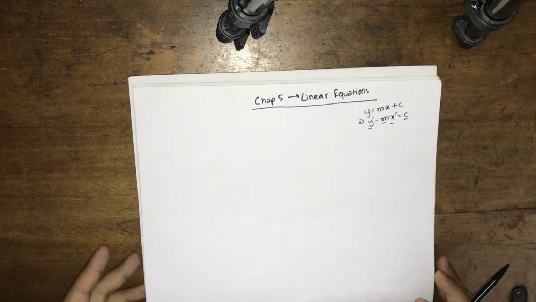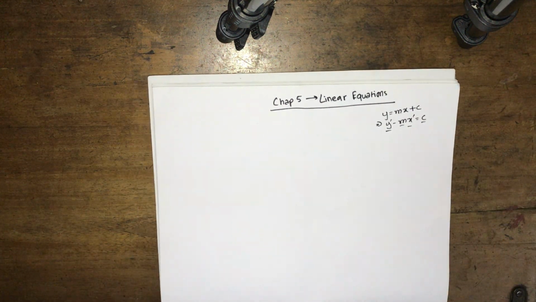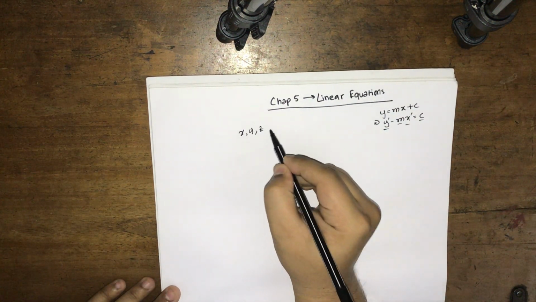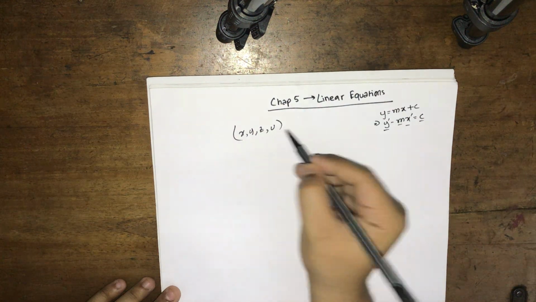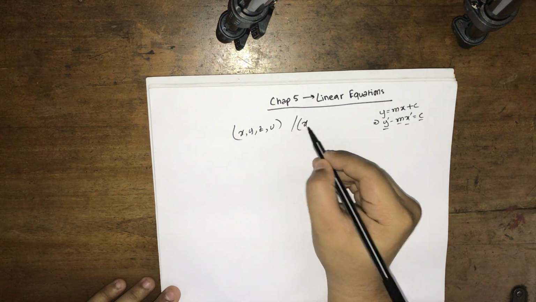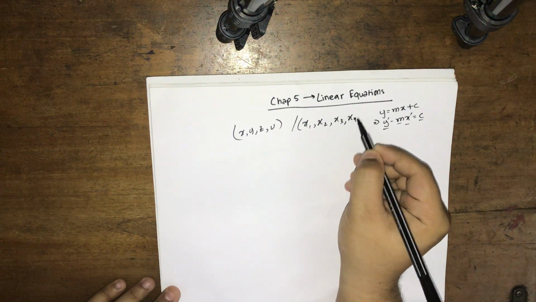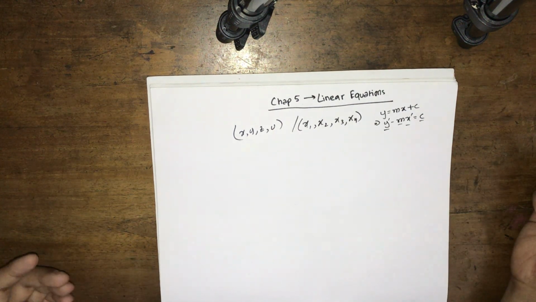So what we can say when designing a linear equation is that we can use multiple variables. It can be a set of x, y, z, u, or we can also use x1, x2, x3, x4, or many more.